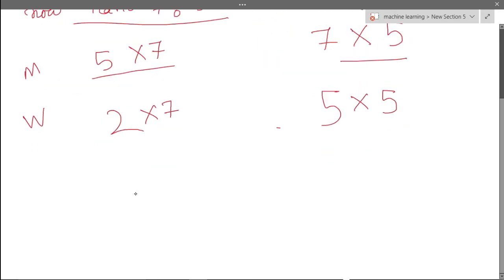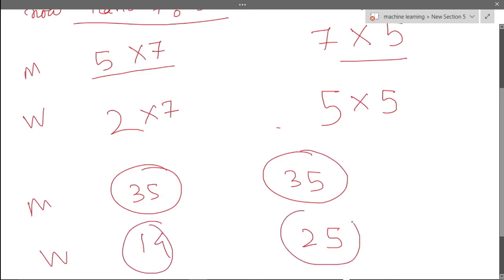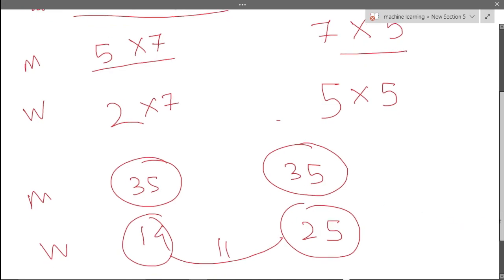And now the ratios become 35:14, and here 35 and 25. Now the milk is the same on both sides, and the difference of water is 11.